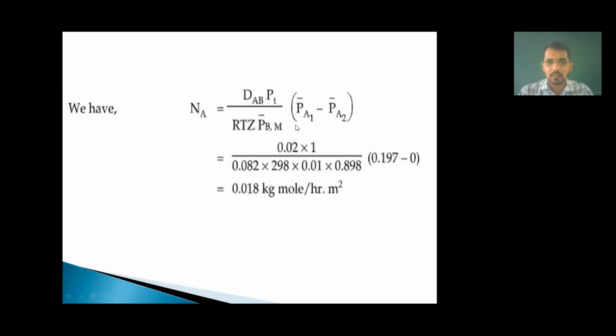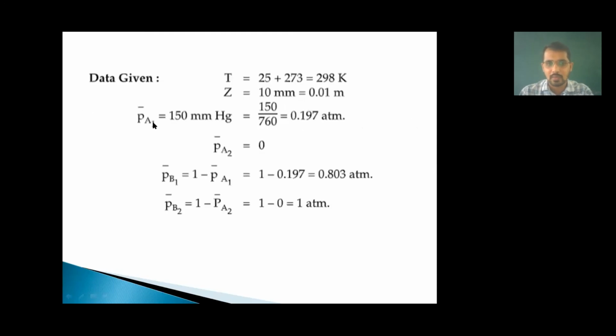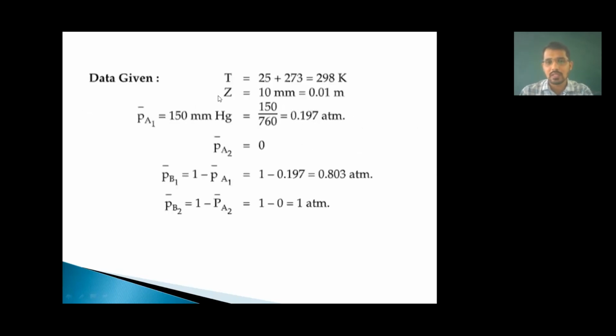So just put here 0.02 into total pressure, which is 1 atmospheric. After that, PA1 bar is 0.197 and PA2 bar is 0. So 0.197 minus 0. After that, R is 0.082 into temperature at 298 Kelvin. Z is 0.01 meter. You can see here Z is 0.01 meter. Temperature is at 298 Kelvin.